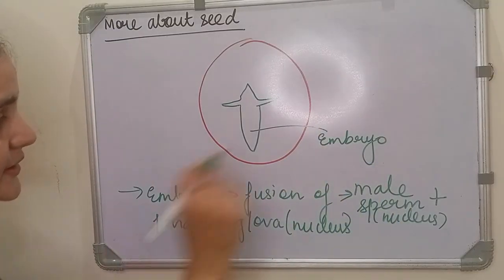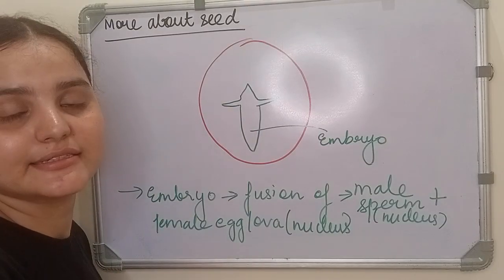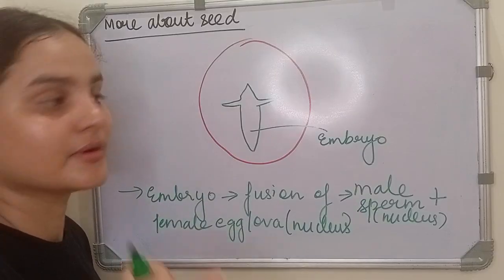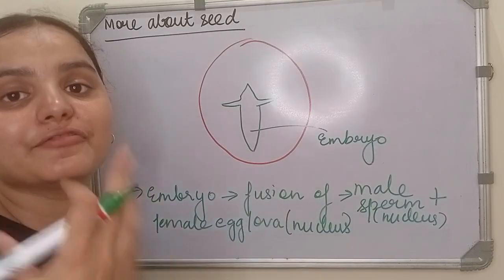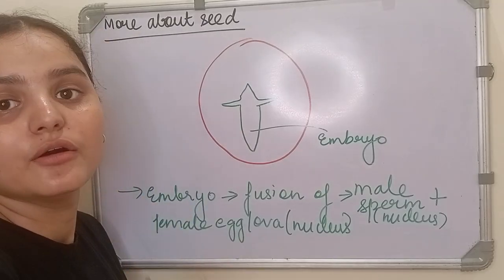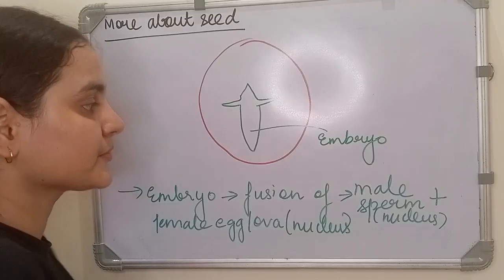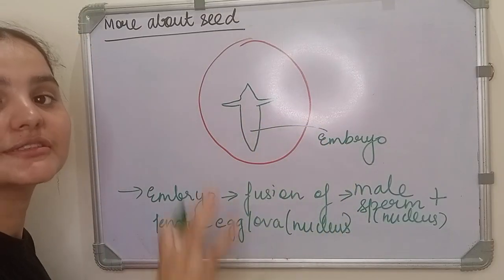Now this embryo remains in a dormant state, means it remains in an inactive stage. It only germinates when all the conditions are favorable, means there is proper lighting, there is proper moisture. Okay, there is no condition of drought. So this embryo germinates only when the conditions are favorable.